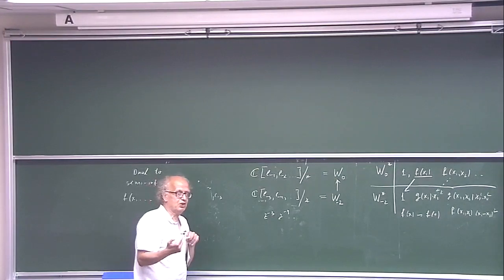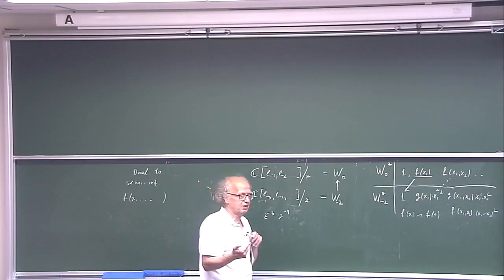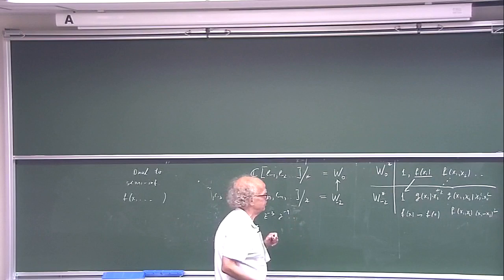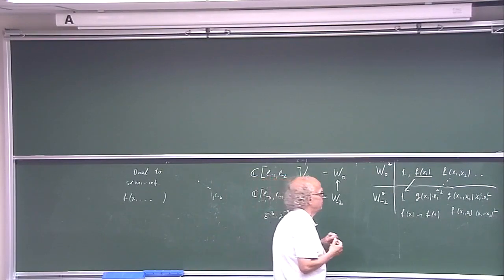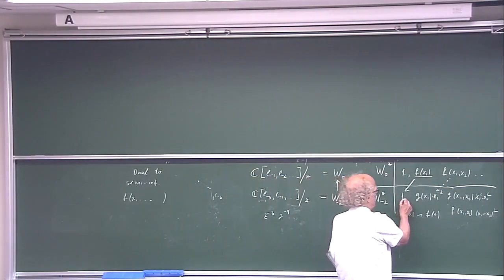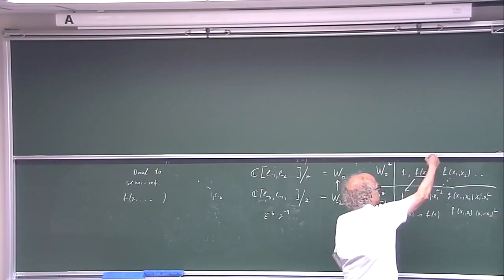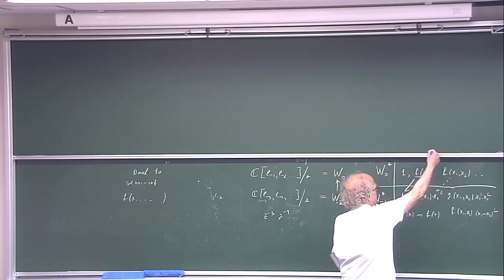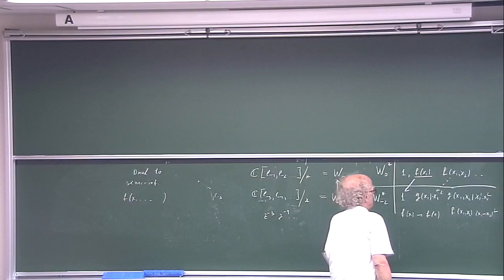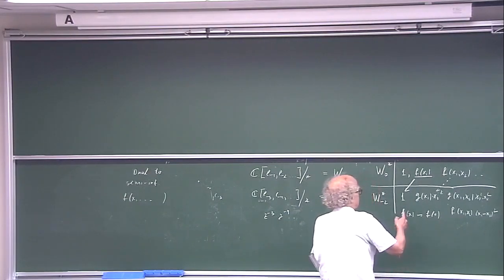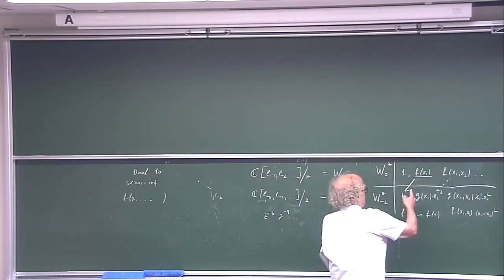But surely the meaning of this infinite number of variables you can see from this. So, for example, this is 1, here it is f, then this f is a restriction of something in 2 variables and 3 variables and so on.